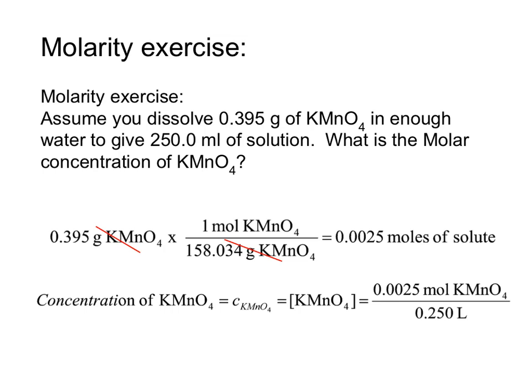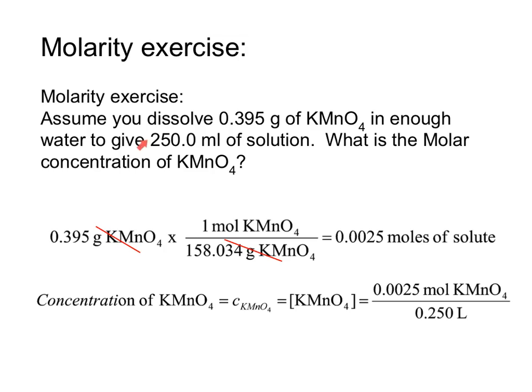And so let's take a look at how that calculation plays out. We began with 0.395 grams of potassium permanganate, and our first step is to convert to moles, so we're going to divide by our molar mass to get 0.0025 moles of potassium permanganate. We're then going to divide that by our liters of solution. Now take note here that the volume does have to be in liters for our molarity calculation.